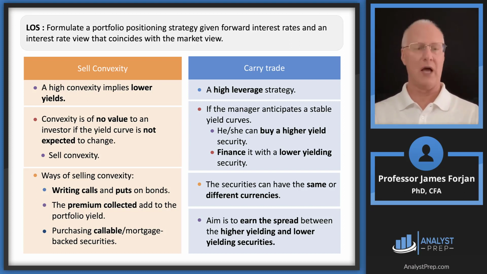You can write call options. You can write put options because then you'll collect that premium, and that premium will go ahead and offset this static yield curve. And then, of course, you can take advantage of this by buying callable bonds or those mortgage-backed securities.